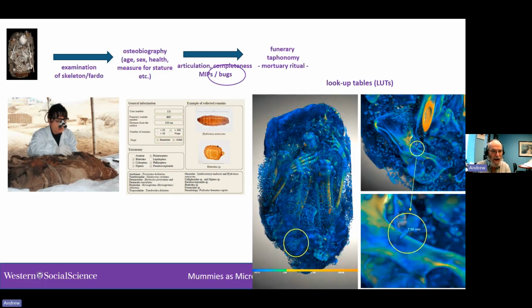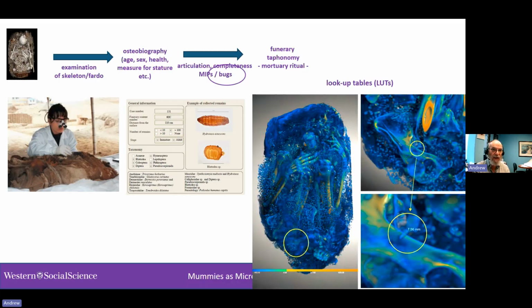But with Dragonfly, what she was trying to do was identify insect remains actually on the CT scans, which turns out to be very, very difficult because they're very small, and the resolution on clinical CT scans is just right on the margins of what you can actually see.